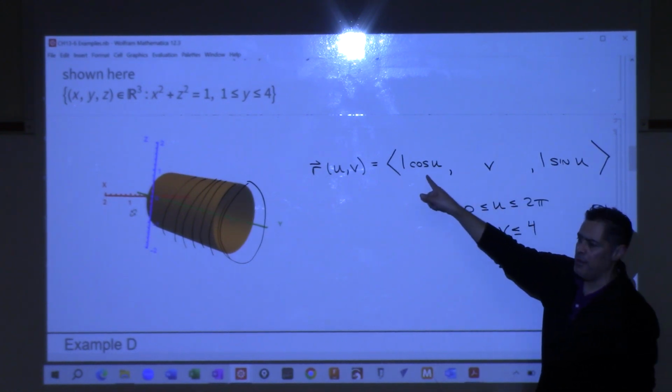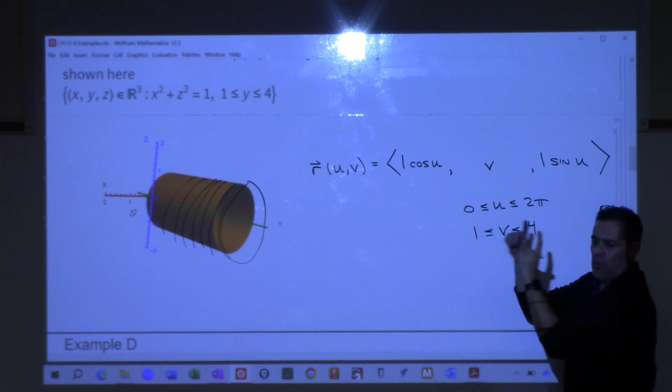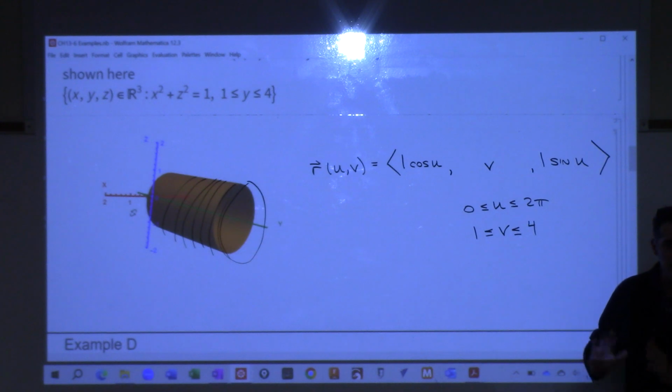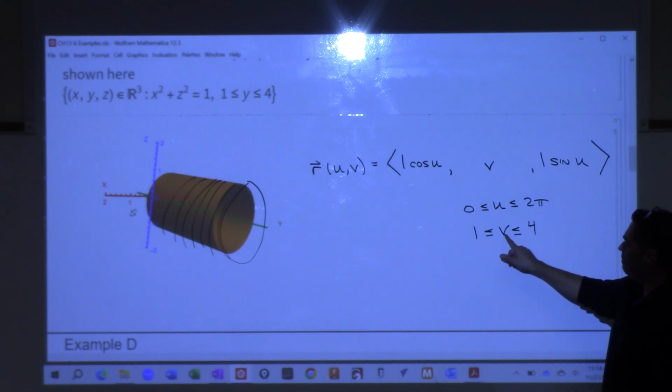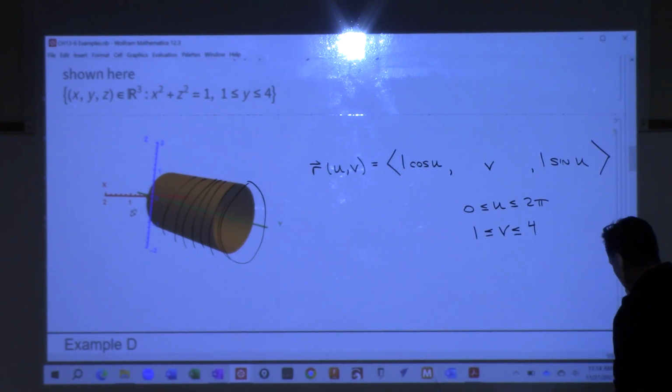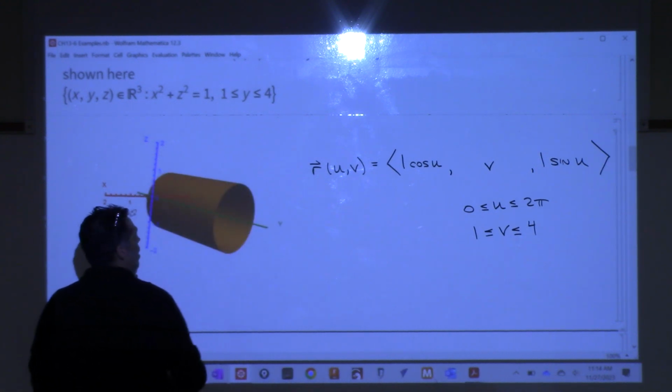Circles of radius 1 parallel to the xz plane, and then we're just going to move them back and forth with our y coordinate. That's our v, and it goes between 1 and 4. So one thing you could do is imagine that if I fix v to be 1, that means our y coordinate's 1.